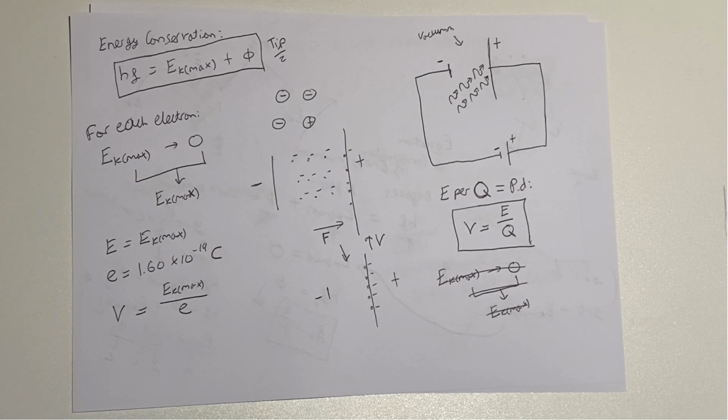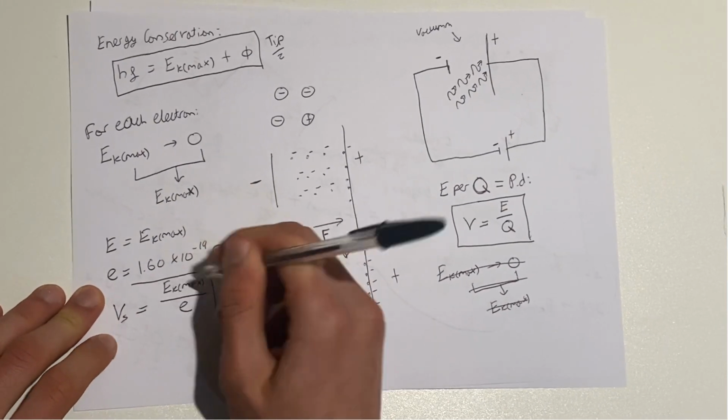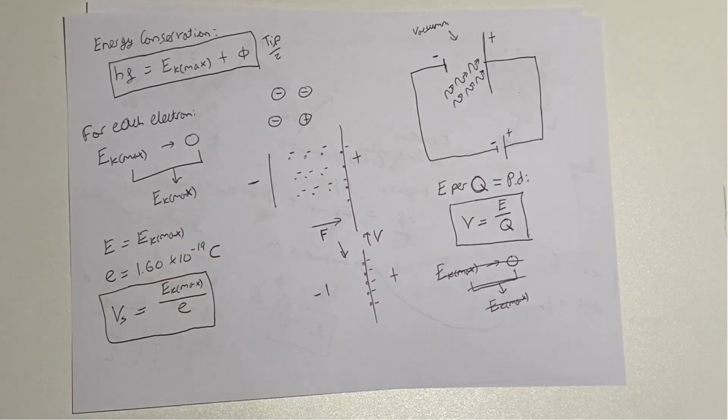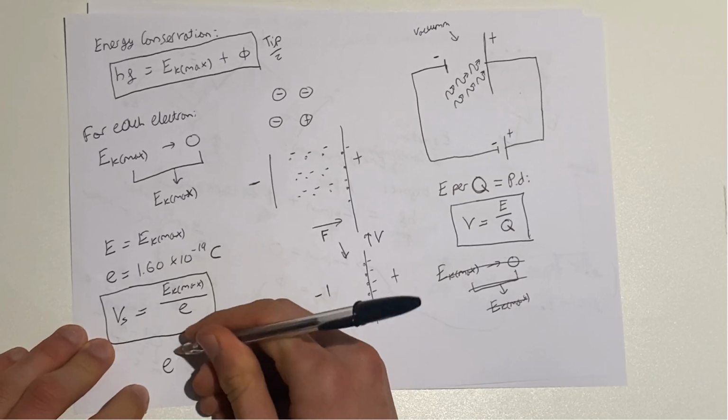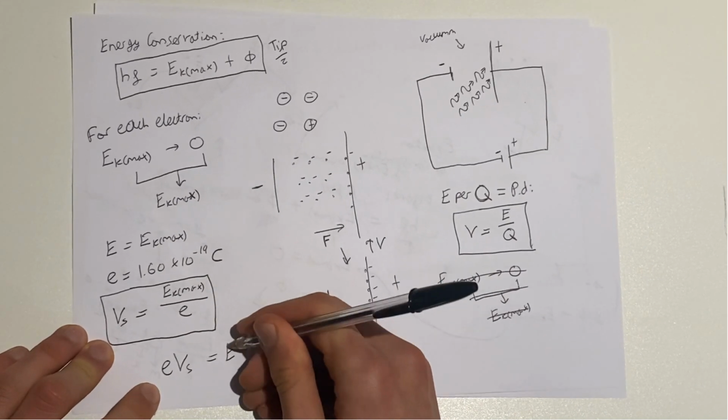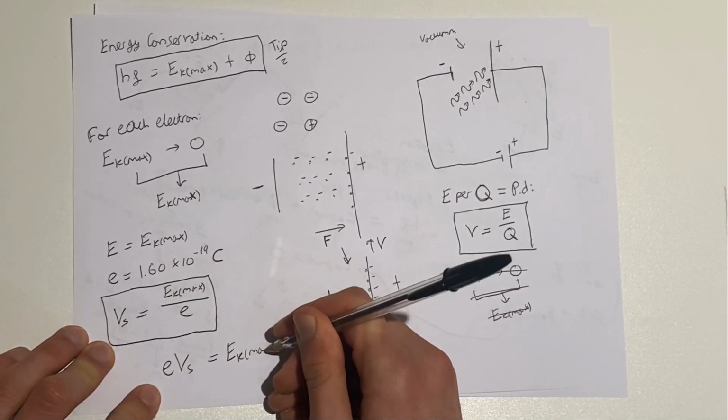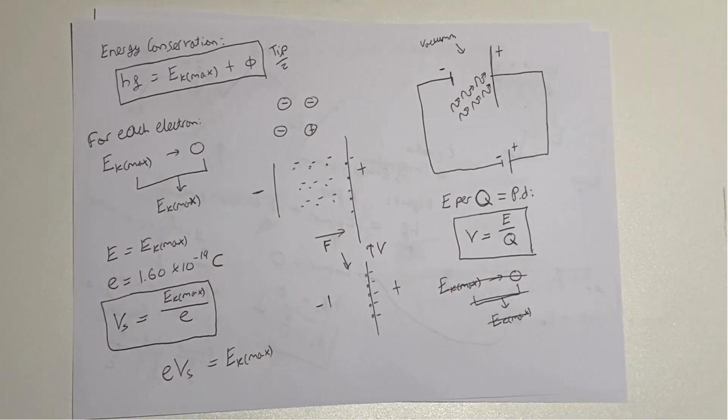So this is the stopping potential, and we can call it Vs. Now, we can just rearrange the equation to make it look nicely. By multiplying by the charge of the electron on both sides, eVs is equal to EK max.